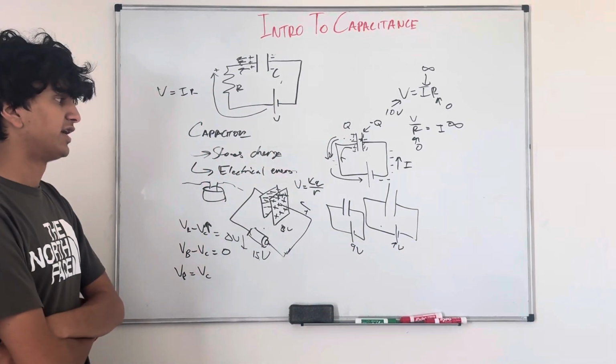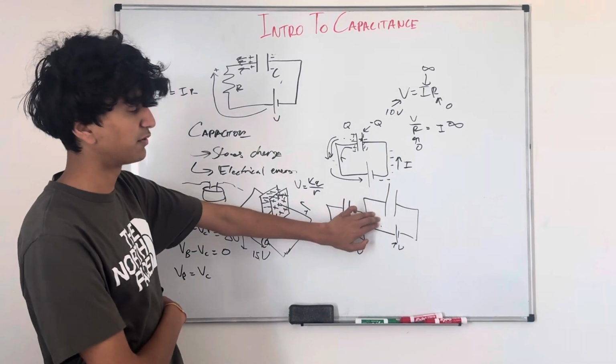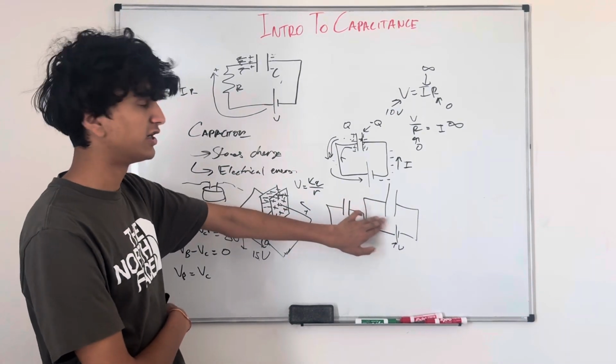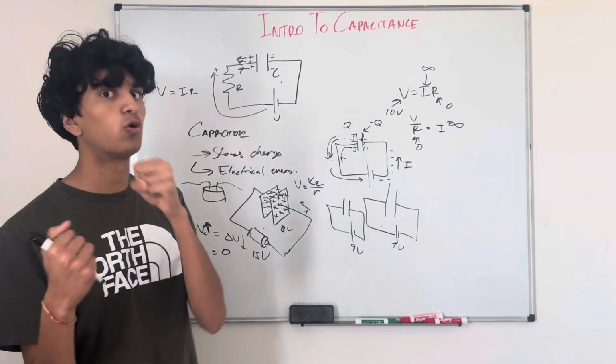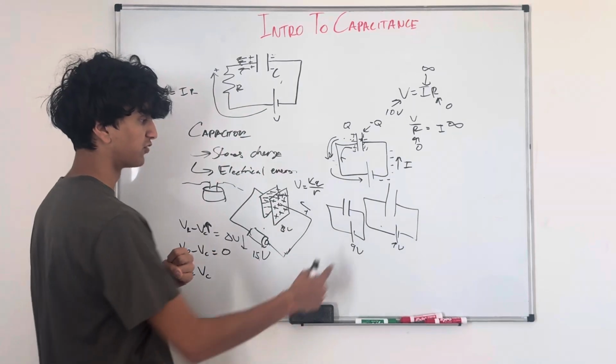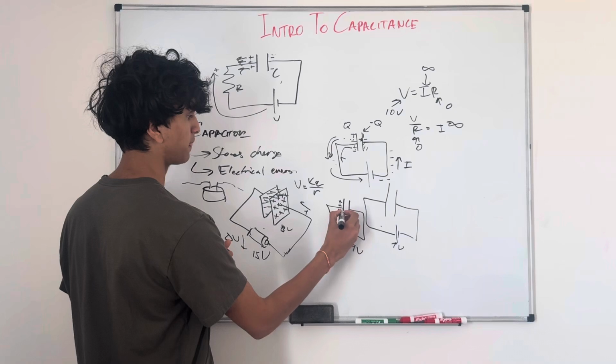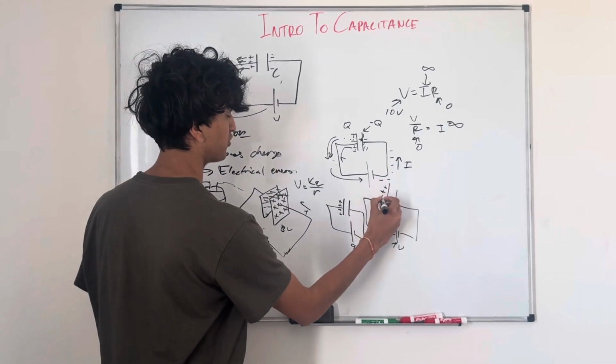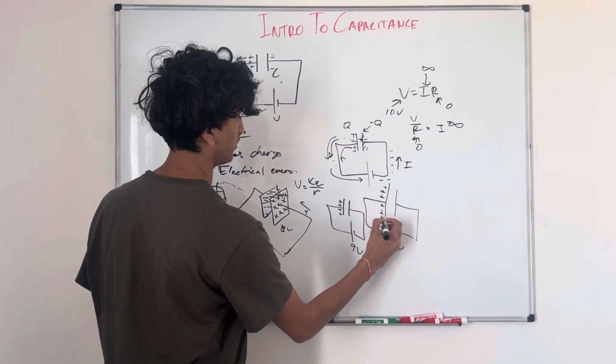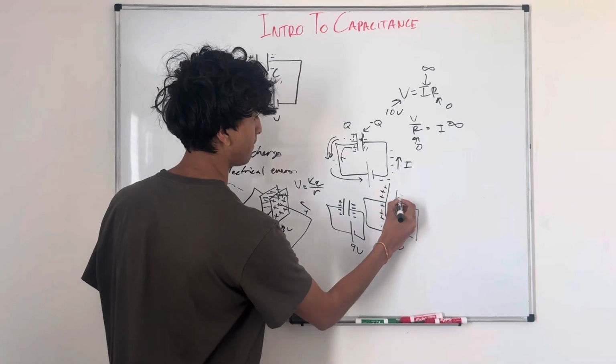Now, this capacitor is larger area. You can intuitively imagine it's going to hold more charge. So for this 9 volts, let's say they're fully charged, this larger plate is going to hold way more charge, right? And hopefully that makes sense.